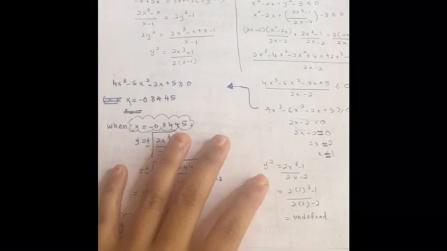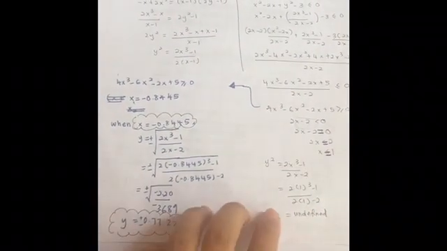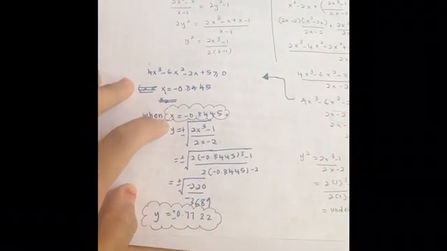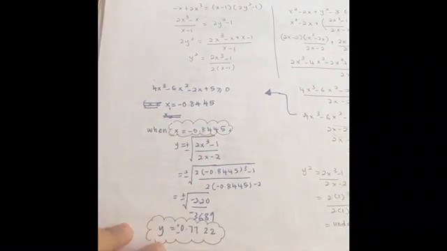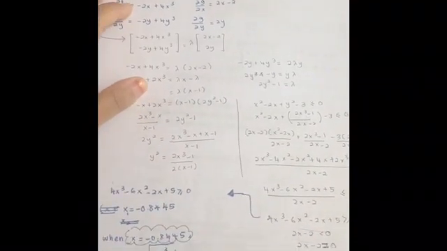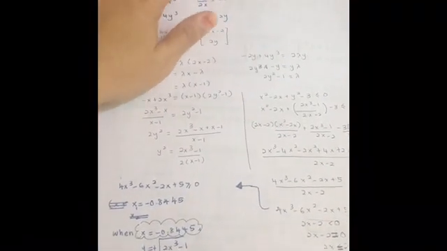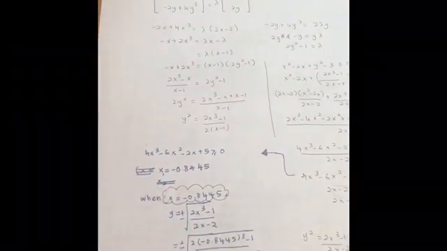When x is equal to 1, the value is undefined. When we substitute the value of x equal to negative 0.8445, the value of y is plus minus 0.7722. So we know that the minimum value is at these values of x and y.